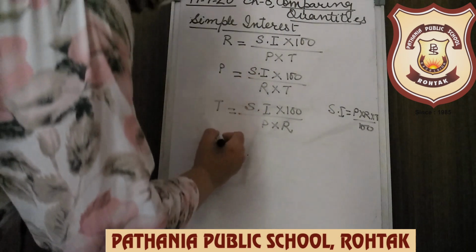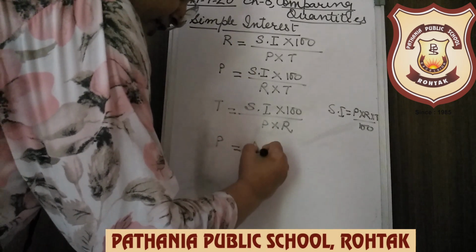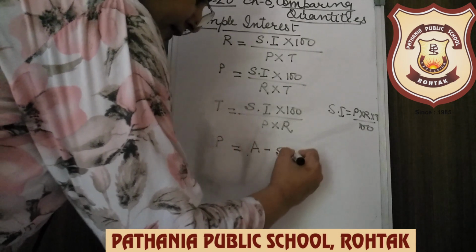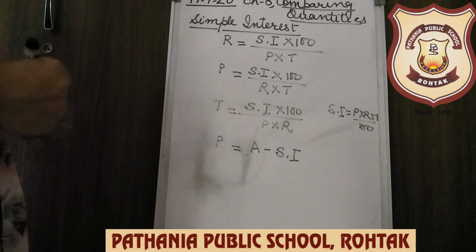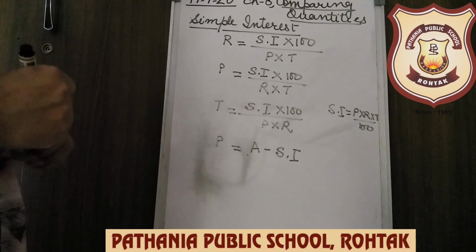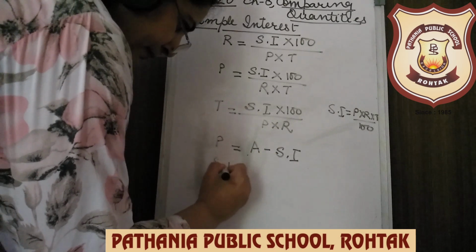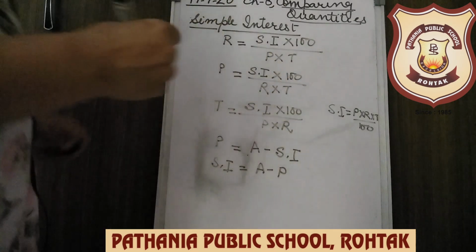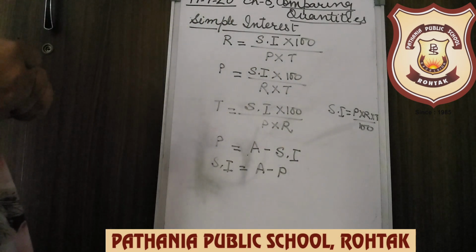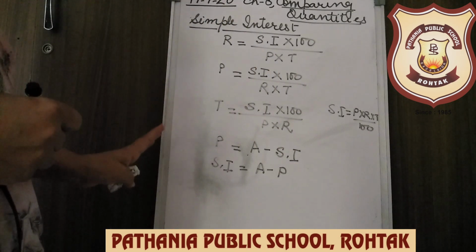And if you have to calculate the principal, when amount and simple interest is given, amount minus simple interest. And when amount and principal are given, then simple interest will be amount minus principal. So these are the formulas for your last topic.